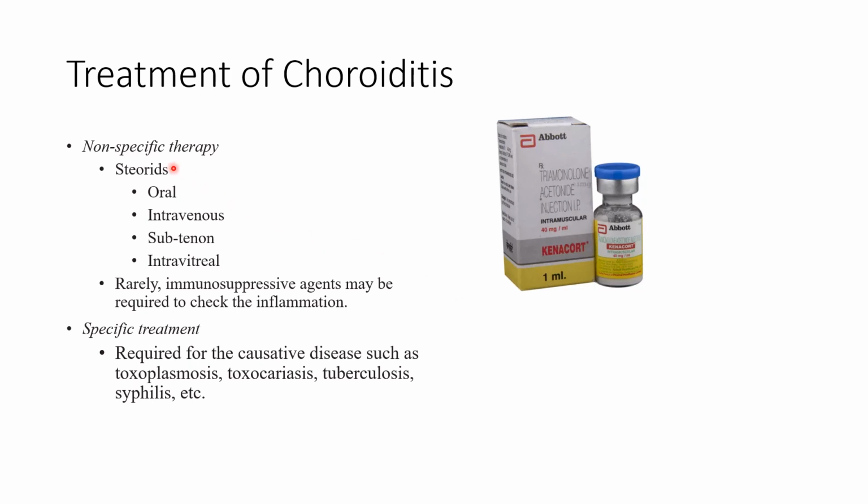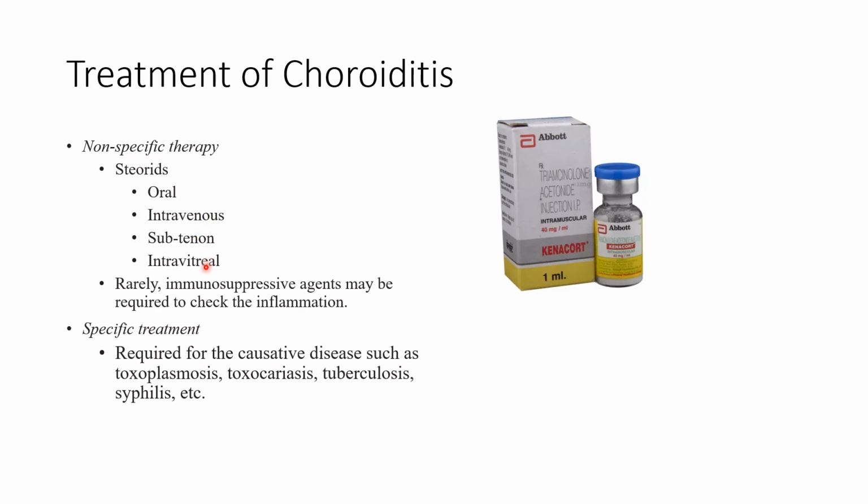So steroids are given in oral, intravenous, subtenon and intravitreal formulations. Intravenous methylprednisolone is given when the threat to the vision is imminent and urgent attention is required to limit the amount of damage.